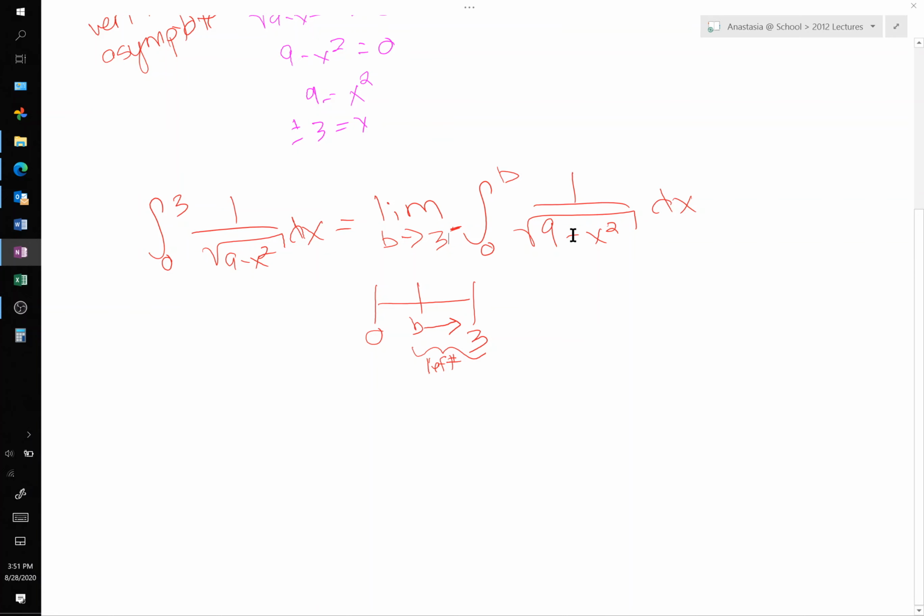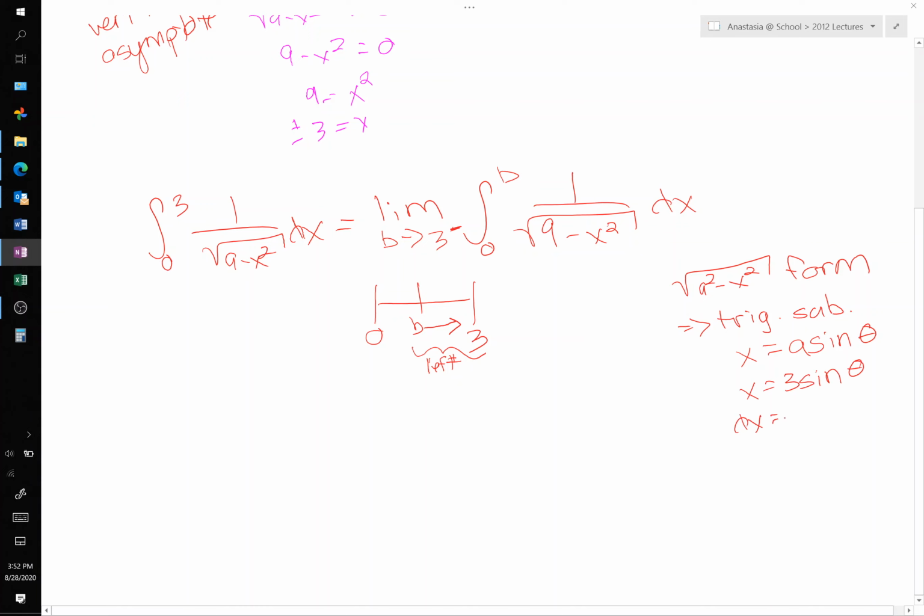We need to think about evaluating this integral. If you notice that we have the square root of a squared minus x squared form, this should make you think about a trig substitution. Specifically, we are going to use the substitution x equals a sine theta, where a is equal to 3.